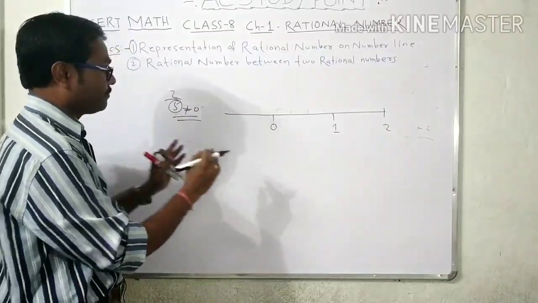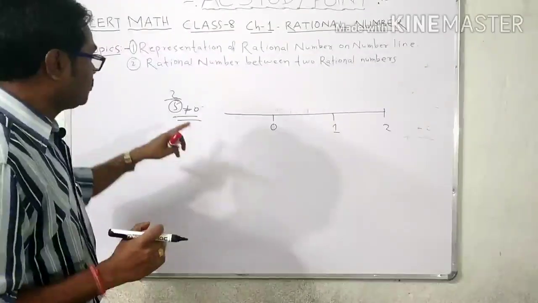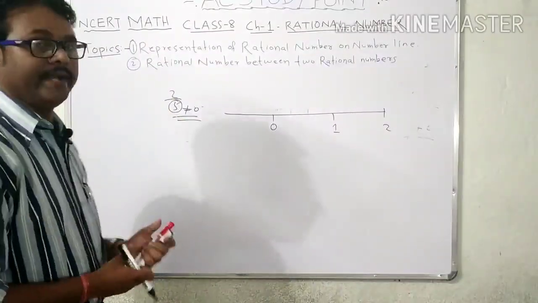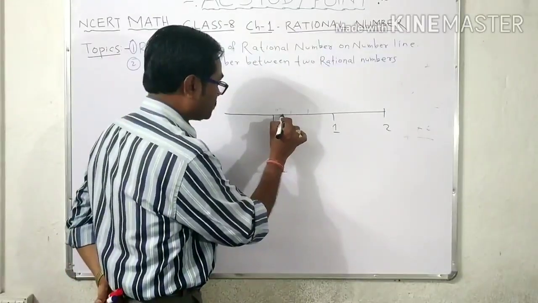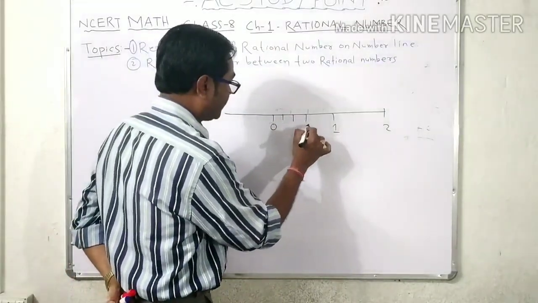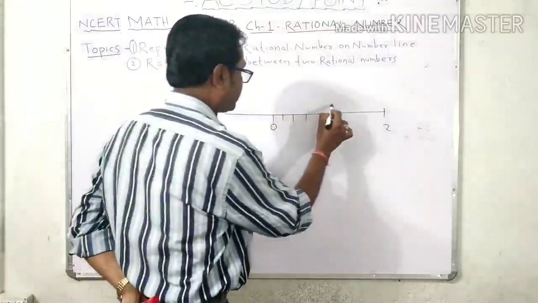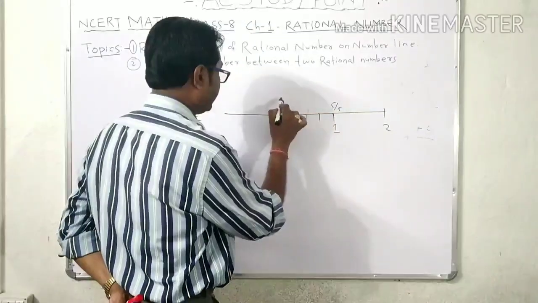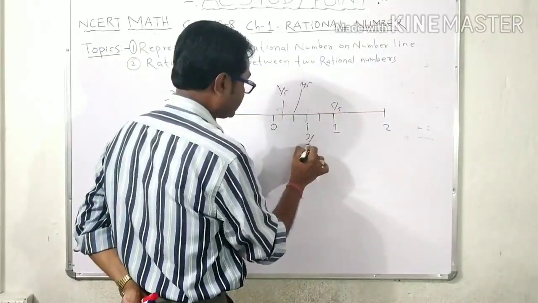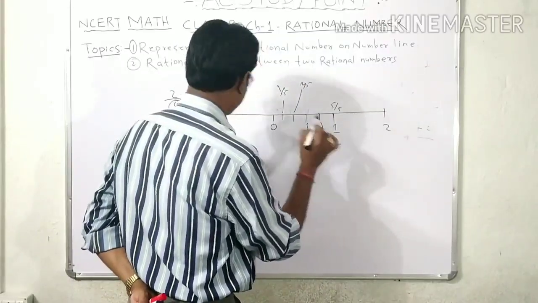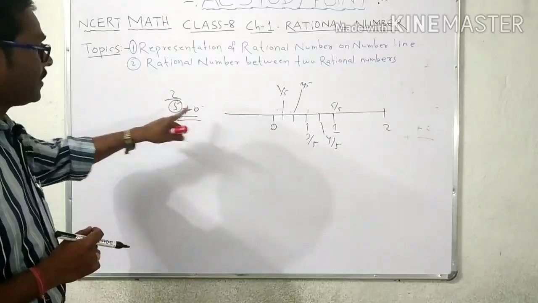That means we have to divide the part from 0 to 1 into 5 equal parts and take 2 of them. So this is 1 part, 2 parts, 3 parts, 4 parts, and this is the 5th part, which is 5 by 5. So this one is 1 by 5, this is 2 by 5, this is 3 by 5, this is 4 by 5. Our aim is to show 2 by 5 on the number line.